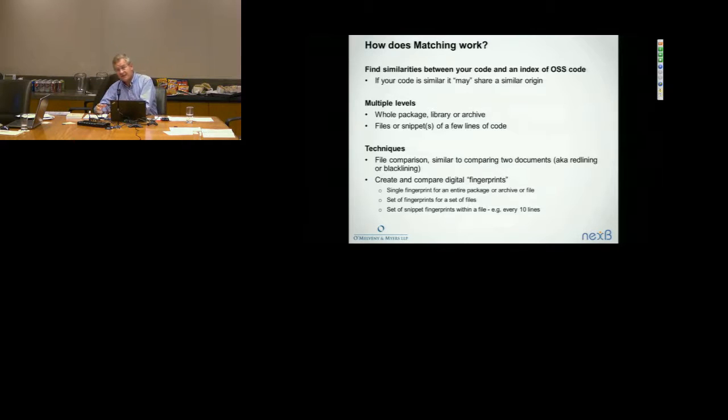If you treat that as 50,000 files, you have a whole new problem on your hands in terms of review and analysis. So understanding that you can do this kind of matching and scanning at a whole aggregate or going down to the file or snippet level is important because the amount of work to review and come to any kind of effective, usable conclusion depends a lot on what you're looking at.